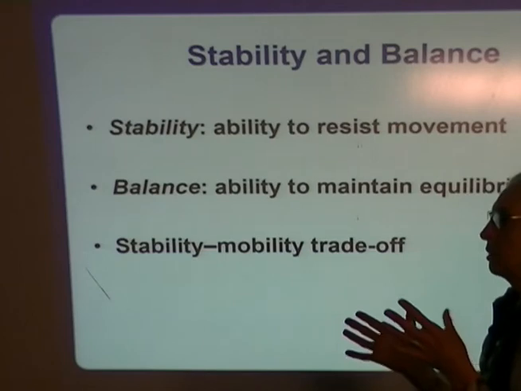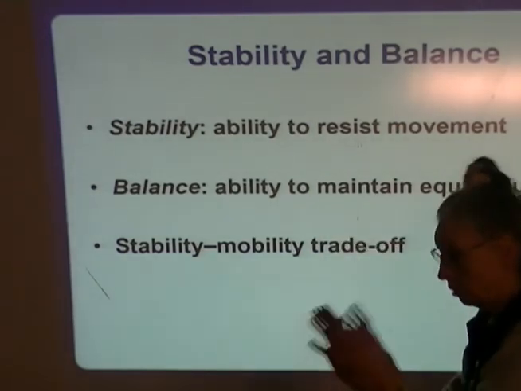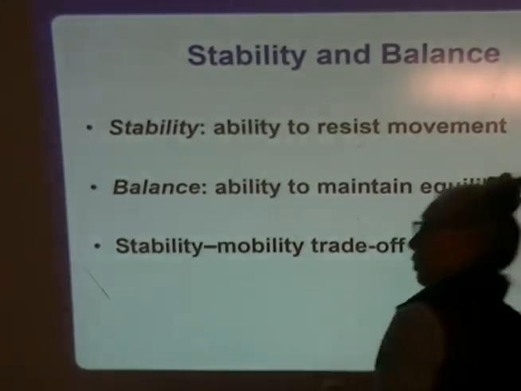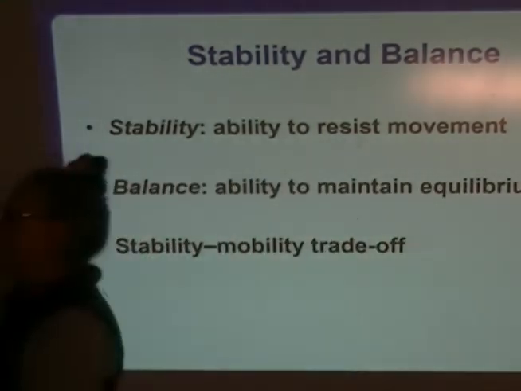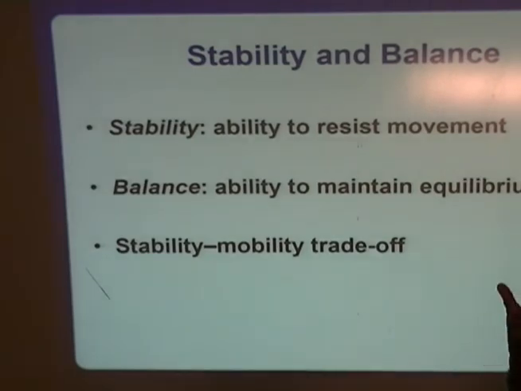Do I want them to be stuck and no one can move them? Or do I need them to be able to be mobile and get out of the way or take off quickly, right? It's a dilemma, okay?